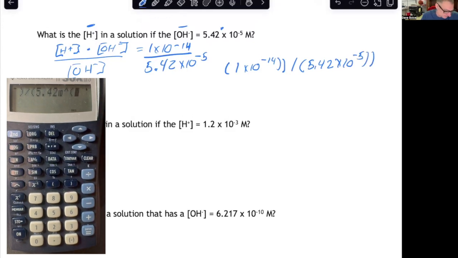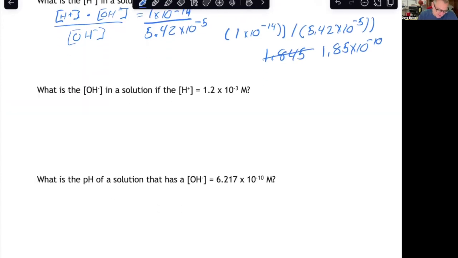Again, double closing my parentheses. That way I can keep it all together, hit enter, and I've got 1.845. And look all the way to the right, you'll see times 10 to the -10. So let's just call this 1.85 times 10 to the -10.